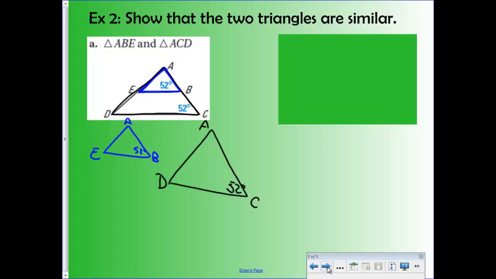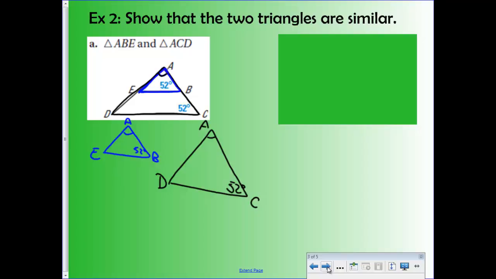Do I know any other angles between those two triangles? What do I do? What happened here? If I pulled this one out, what do you know about this angle and this angle? Aren't those the same between those two triangles? Do you see this? Those two triangles overlap. So when I pull the one out, this angle and this angle really are the same, right?